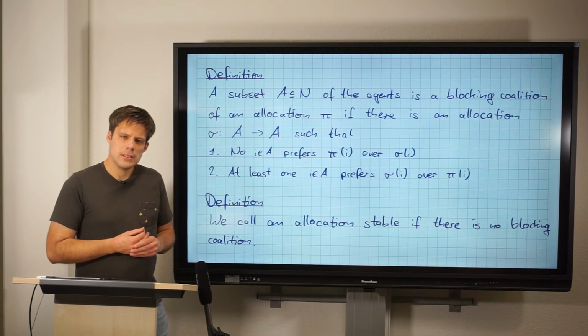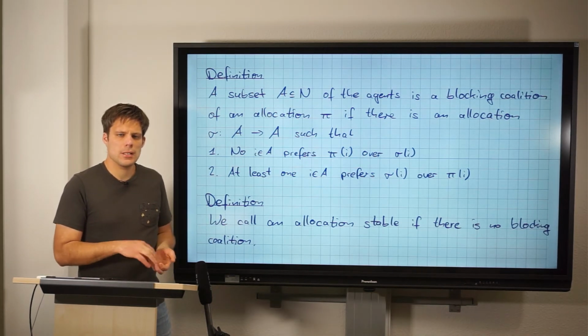And our goal will be to find such stable allocations.